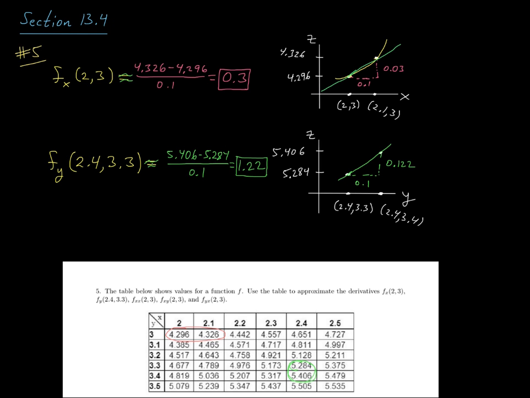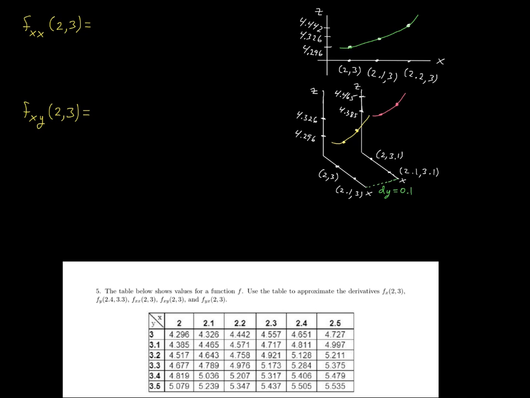All right, great. So now let's check out the second derivatives. As we know, second derivatives are a little bit more intense. So let's check out fxx at (2, 3). Remember, this is measuring how our x slope changes as we march forward in the x direction.